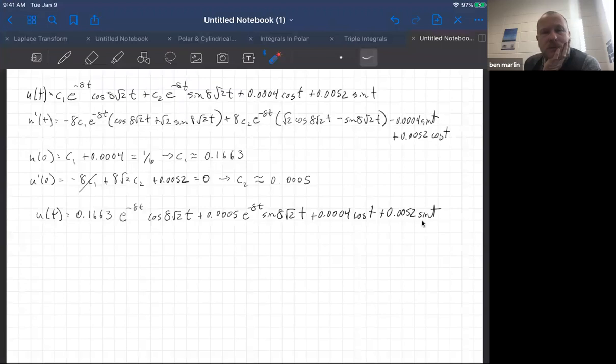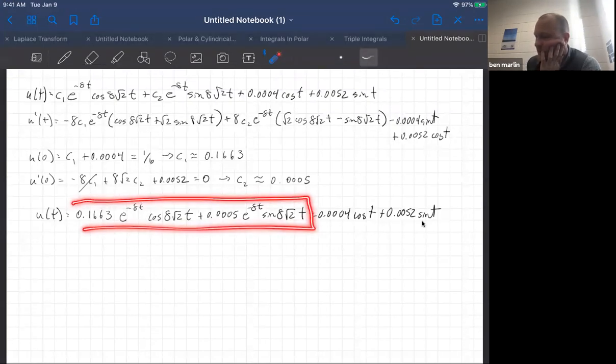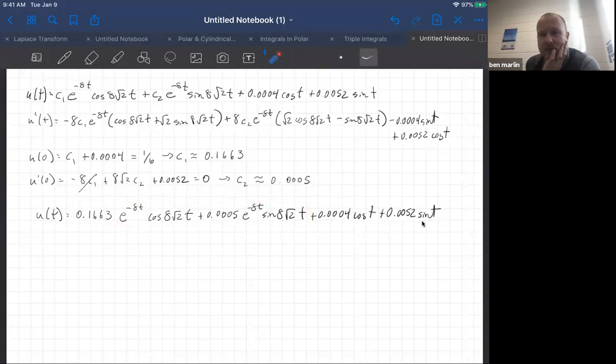And you undoubtedly look at that and say, gosh, I wonder what's really going on with that. Well, what it really says is that this portion here is a vibration that will continue forever, but this portion here is a vibration that will disappear over time.